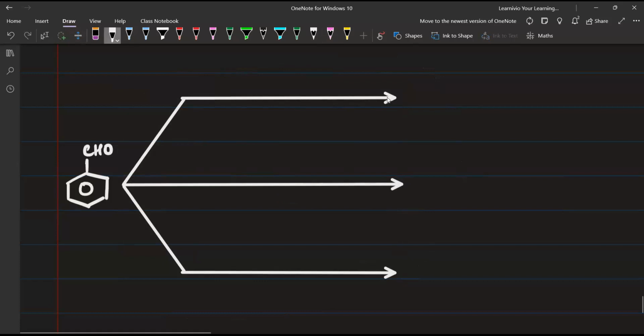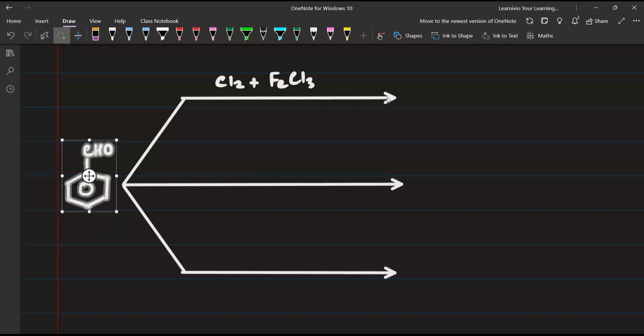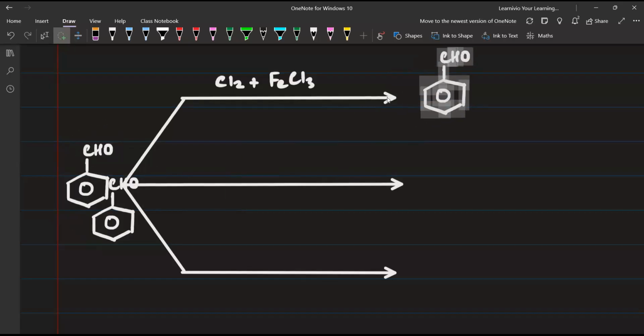Okay, so three reagents. First is Cl2 in the presence of FeCl3, and this gives chlorine as electrophile, and chlorine will attach on the meta position.